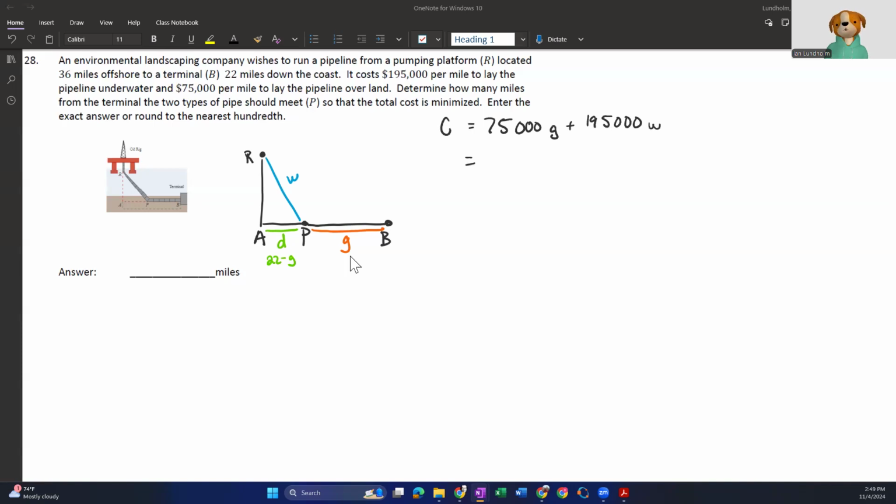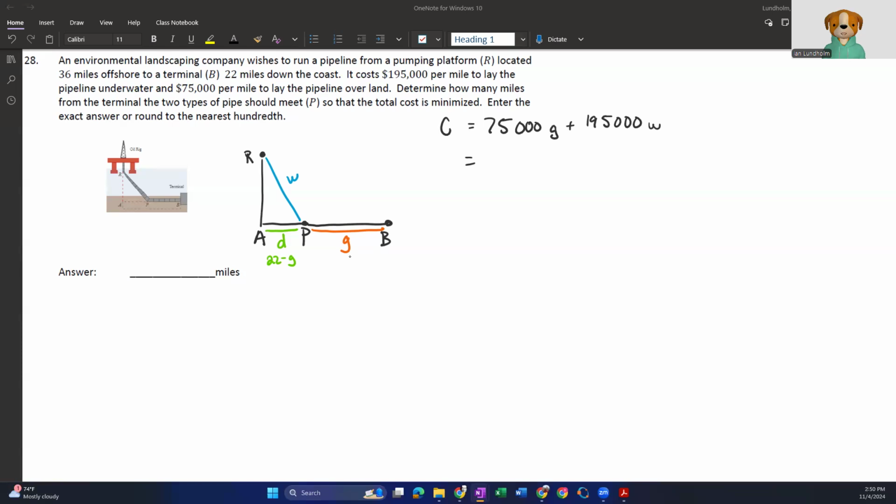I mean, it's distance, not time, but that should be the overall cost. And the idea was we should get this to look like a single variable function rather than a multivariable function of G and W.